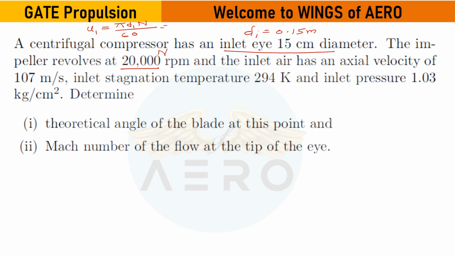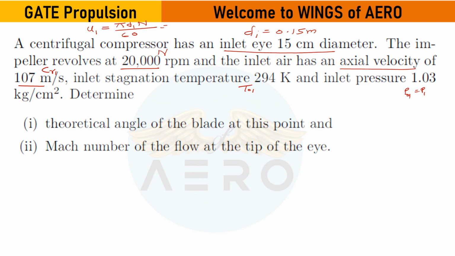Then the inlet air has an axial velocity. They have given the axial velocity, so it's CR1. Then inlet stagnation temperature T01 is given. Pressure, let's take P01 or P1, both are going to be the same for this inlet condition.